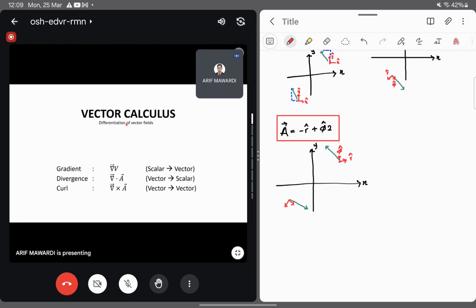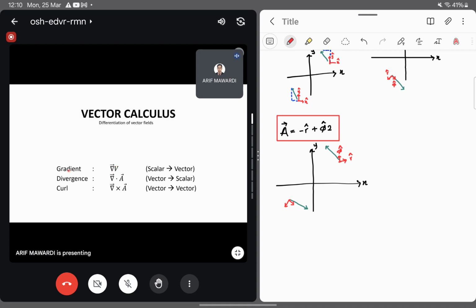Now I want to talk about vector calculus. Now we have a vector field, and we want to do calculus on our vector field. By calculus, we mean we want to do some operation, some differentiation, on our vector field, and also on a scalar field.